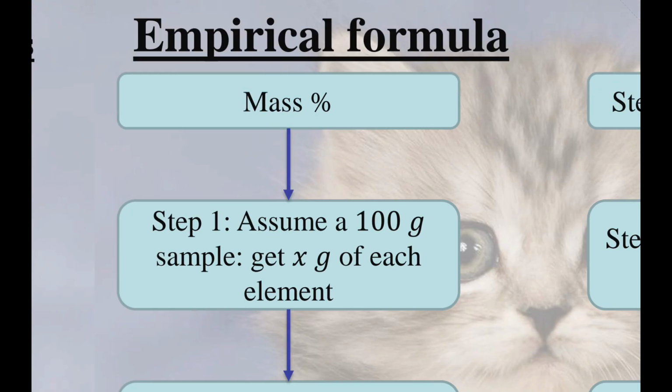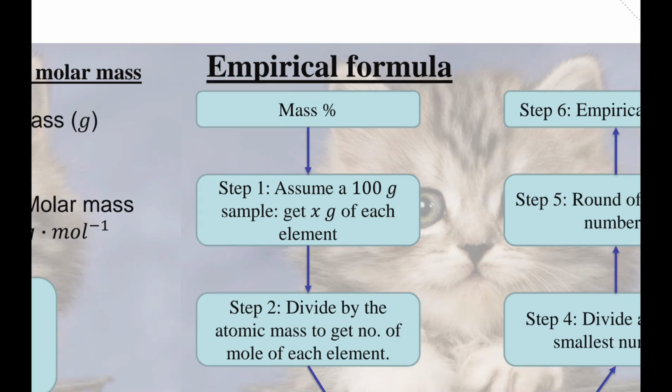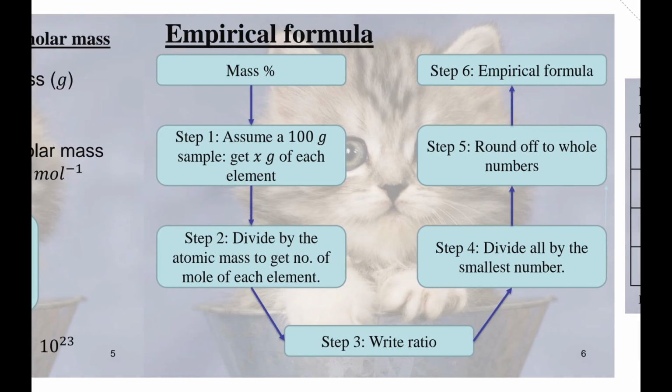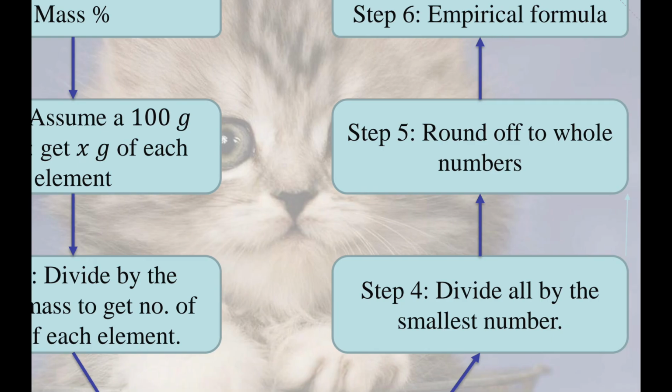Remember the empirical formula definition: it is the simplest whole number ratio of atoms in a compound, and round off to whole numbers, at least round it to two decimal places. I always tell my students, don't quickly round the number when you're calculating number of moles.